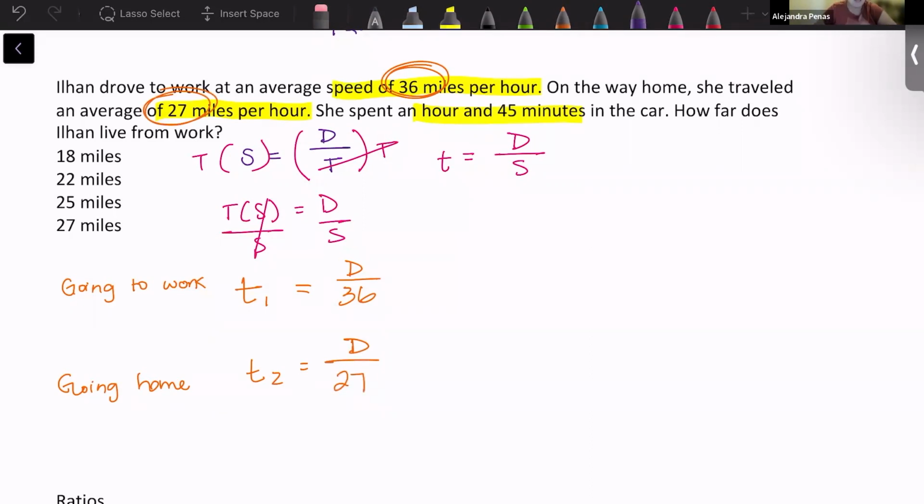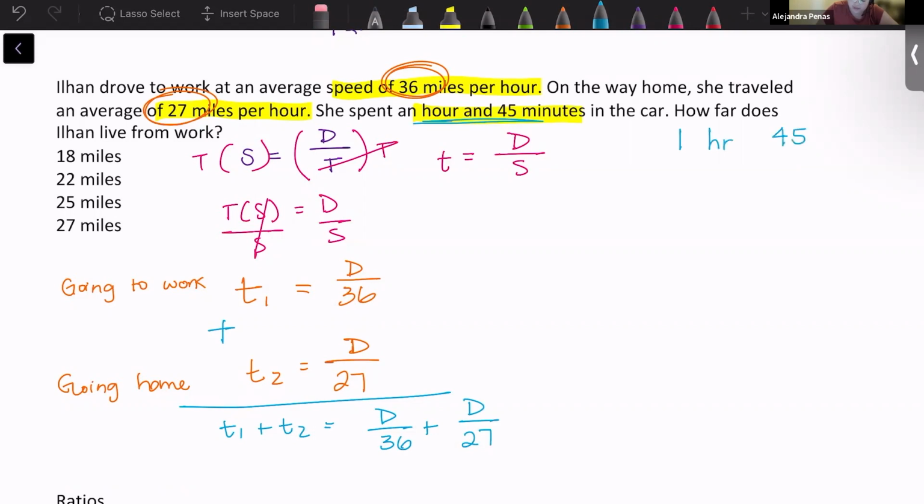So if I add the time of going and coming, it should equal an hour and 45 minutes. So if I add these two formulas together, T1 plus T2 is going to be D over 36 plus D over 27. Now, we know the total amount of time, right? An hour and 45 minutes. Because we are dealing with speed, I know what I said 5 minutes ago about turning it to the smallest unit.